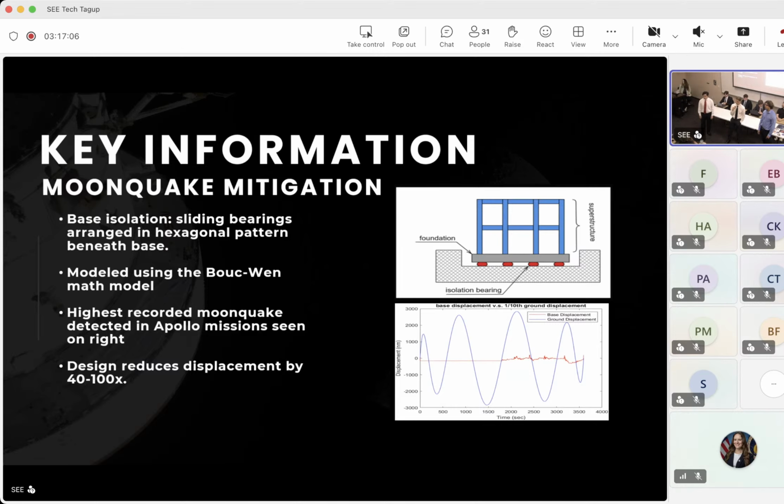To test our model and consequently the base isolation design, we have subjected the model to a moonquake 10 times as strong as the strongest recorded during the Apollo 17 mission. Doing so, we get the numerical results seen in the bottom right graph, and we have achieved a reduction in the seismic effects of 40 to 100 times with this model. Next slide.